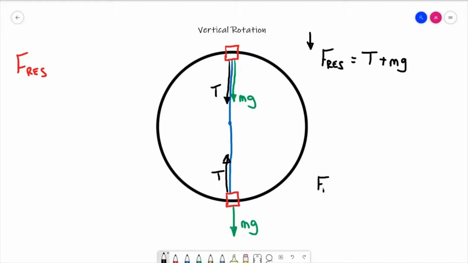Our resultant force, because they're acting in opposite directions, we now have to subtract the weight from the tension. Now I've done it that way round because I know that at this point our resultant force has to be acting up, because it still has to be acting towards the centre of the circle in order to keep our rules about centripetal force working properly.